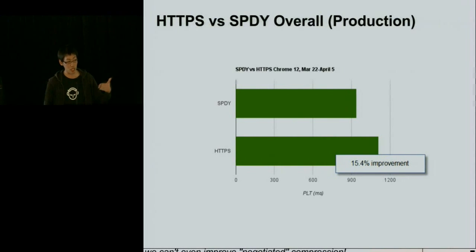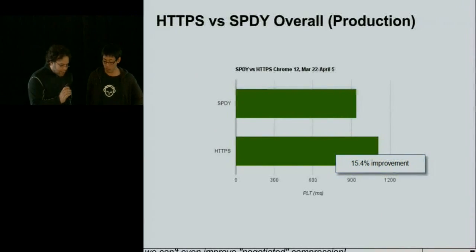For sites that do support SPDY, we compare the page load time for SPDY versus HTTPS, and you can see that we have a 15.4% improvement out in the wild.